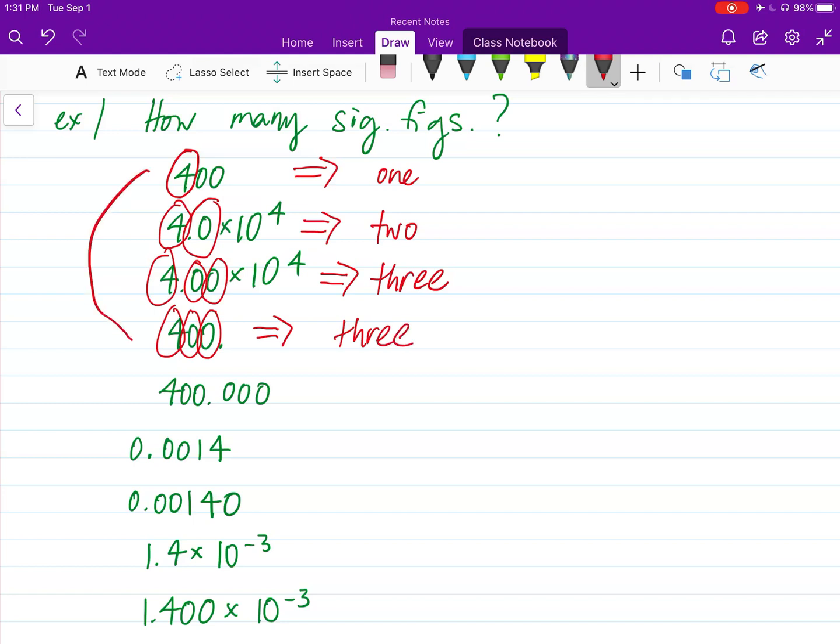So if you compare these two numbers, 400 with and without the decimal point confers significance on the zeros. In this example, because of the decimal point, both the zeros before it and the zeros after it are significant. So 1, 2, 3, 4, 5, 6 significant digits appear in that number.